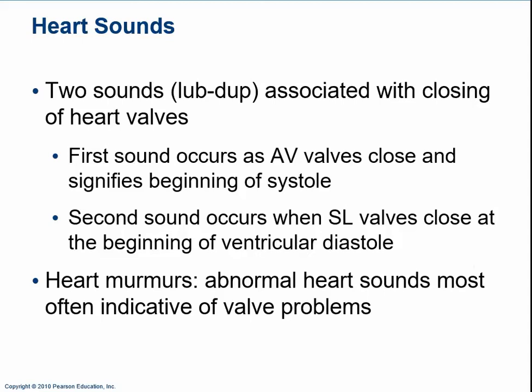But the aortic pressure is higher than the pulmonary pressure, so it closes first. So they're not simultaneous. So you get a sound, and you get a sound. Those are the two semilunar valves closing. So you get two sounds, and that will come across on the stethoscope as lub, dub.